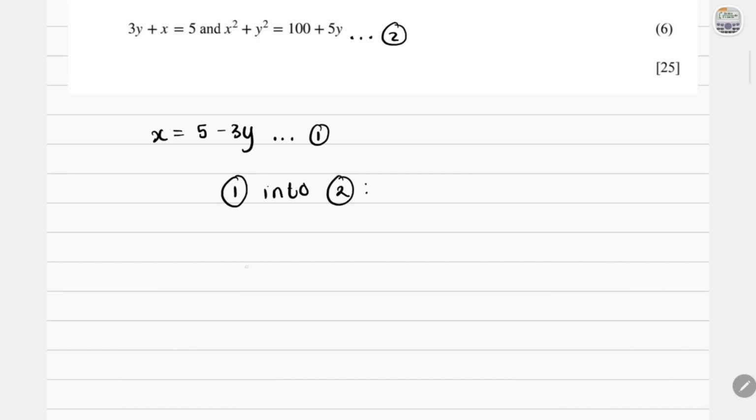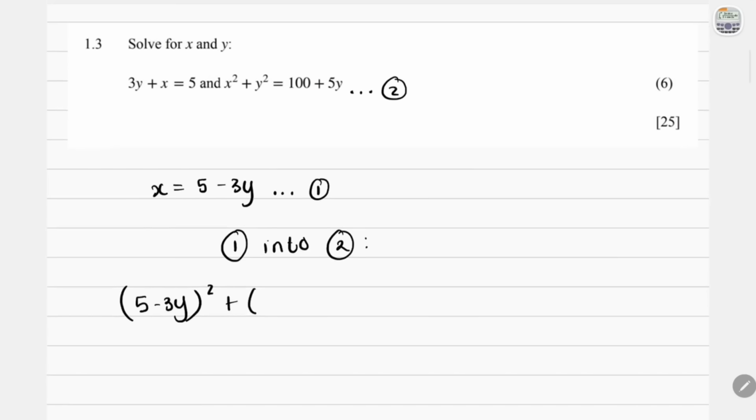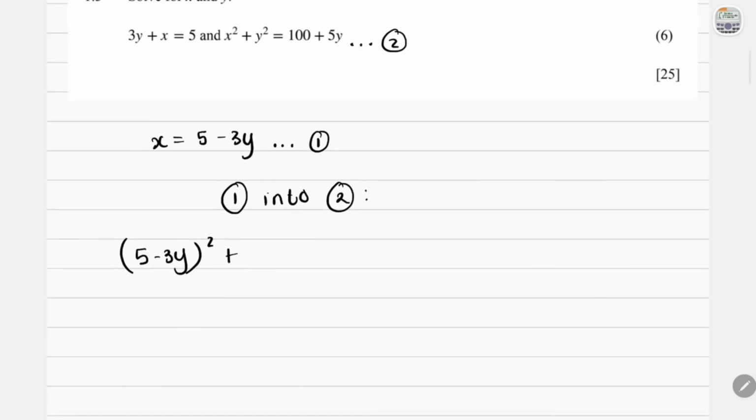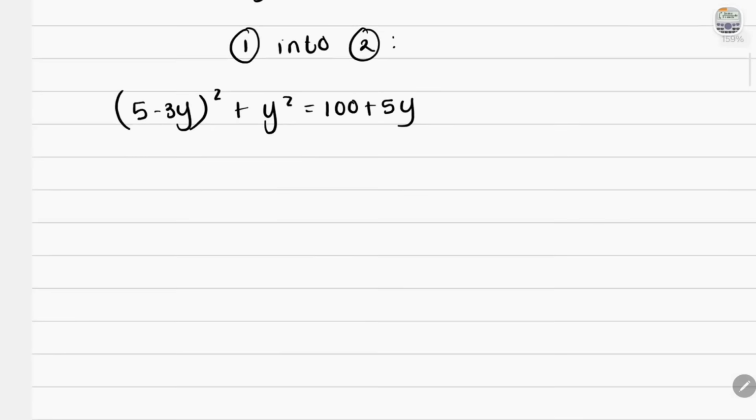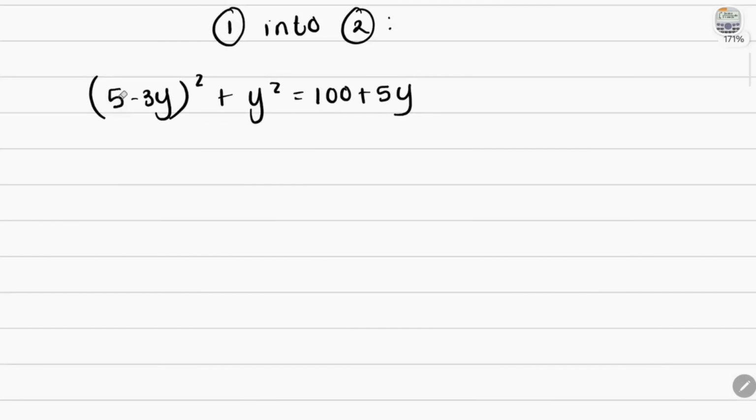So x squared, that's 5 minus 3y, so 5 minus 3y all squared, plus y squared. No brackets needed. So y squared is equal to 100 plus 5y. Let's solve for y. Square the first term, that gives us 25.